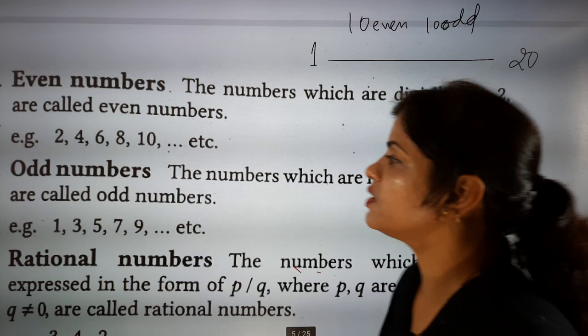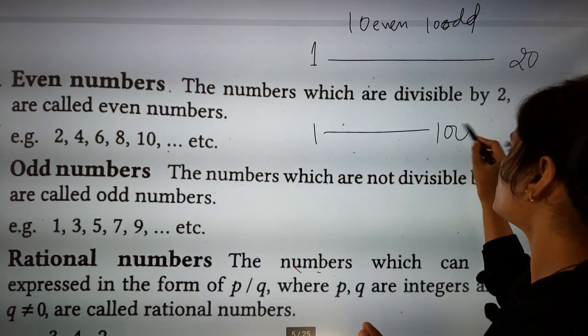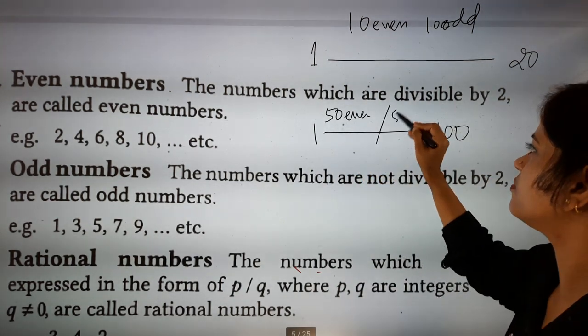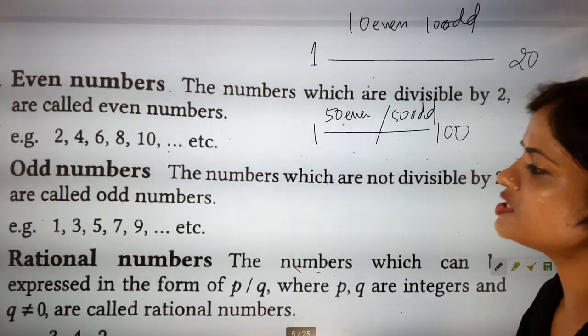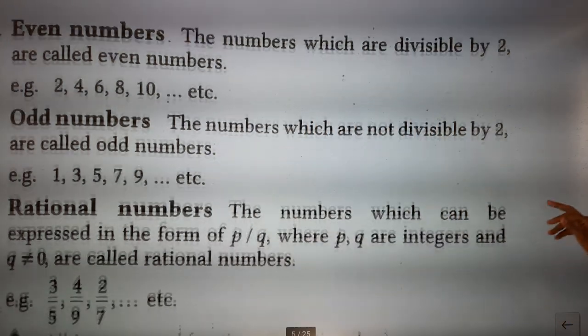If we take 1 to 100, then there will be 50 even numbers and 50 odd numbers. I hope you have understood this even and odd system.